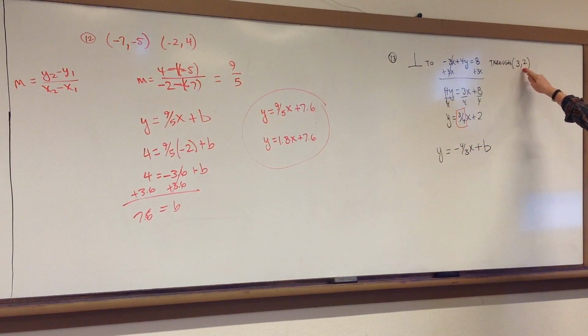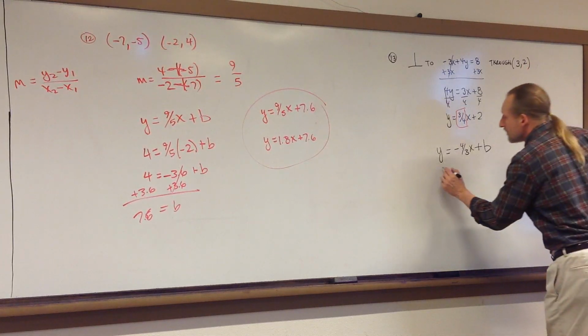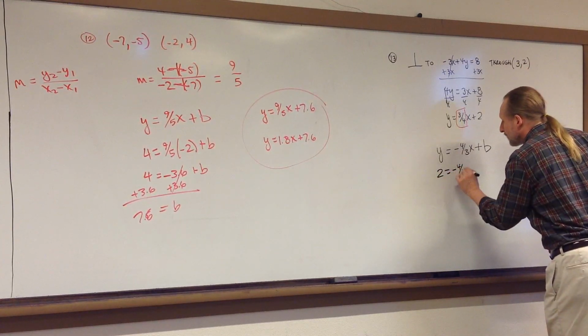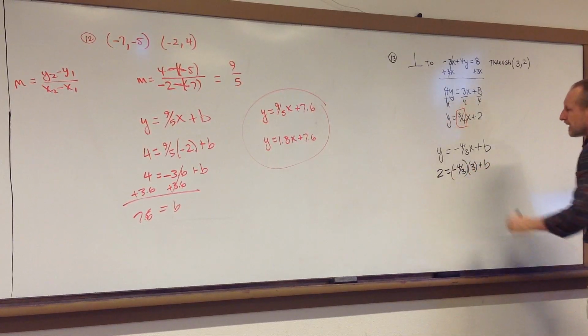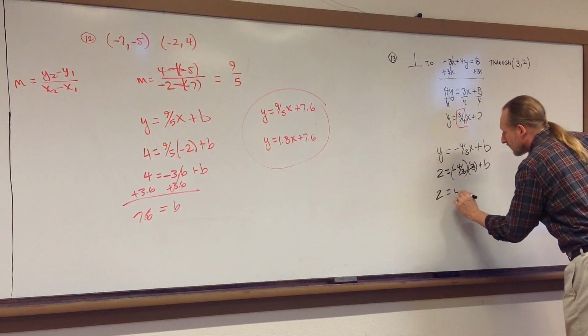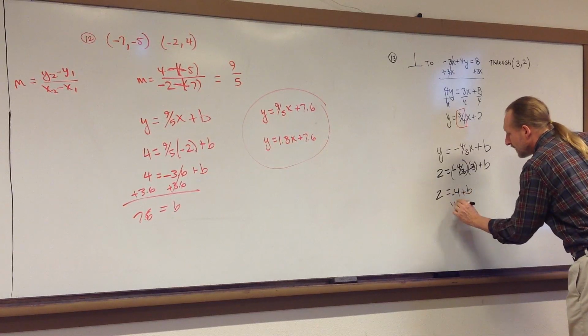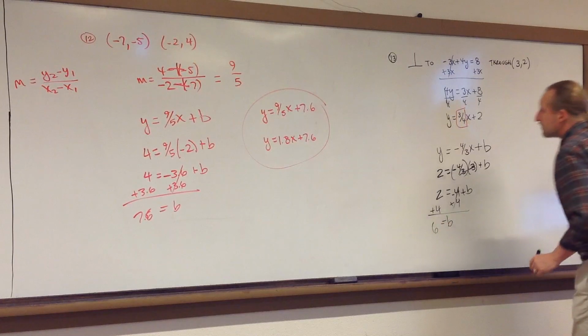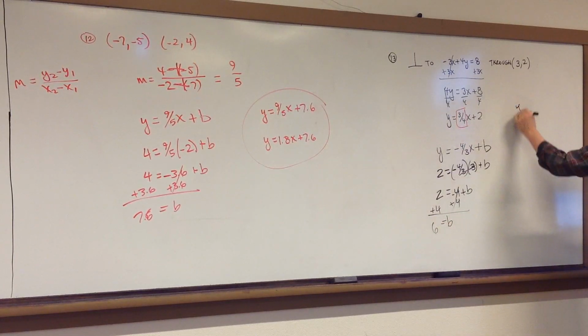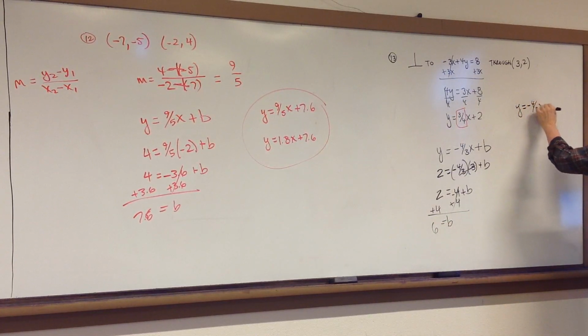But the fact that it passes through the point (3, 2) means that we can find out. So if we plug in 2 for the y and 3 for the x, 2 equals -4 plus b. Add the 4 over. B turns out to be 6. And so our answer is y equals -4/3 x plus 6.